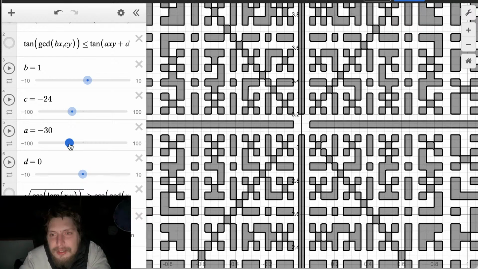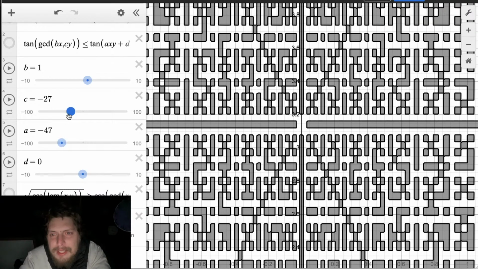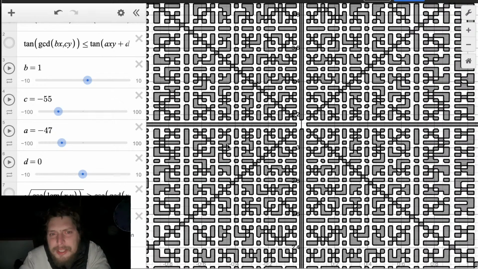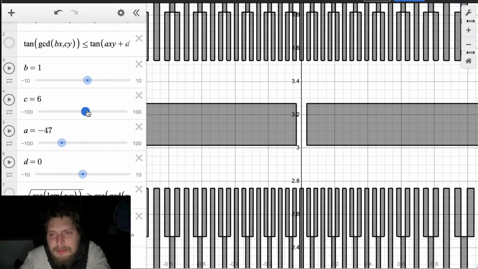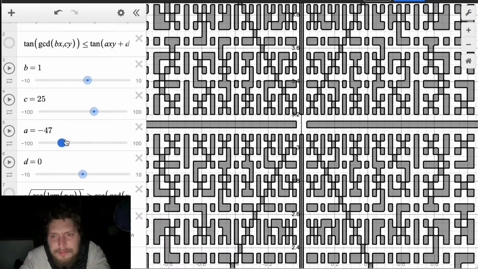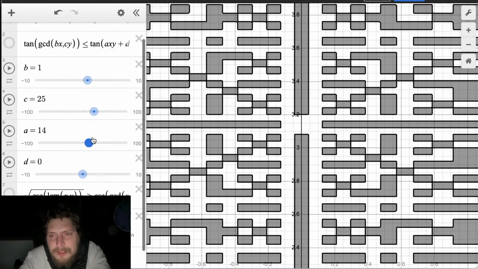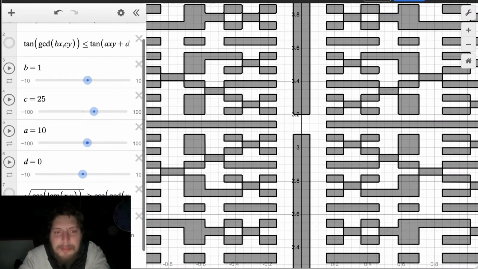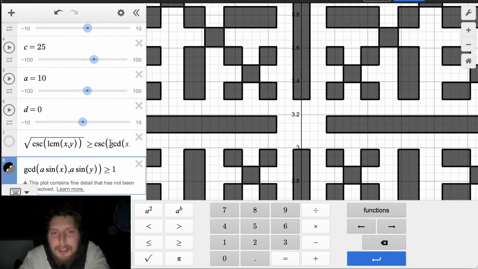But, let's see. If you move them together enough, it'll glitch to a new state, I guess. Yeah, that's pretty neat, but it was almost fine having those there.